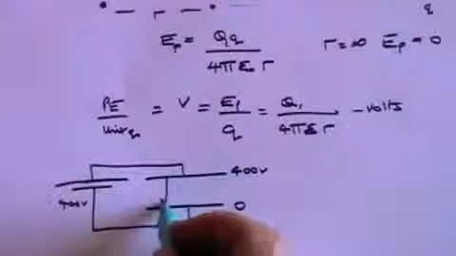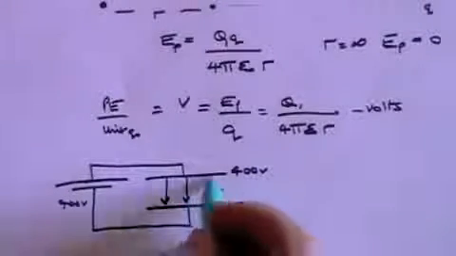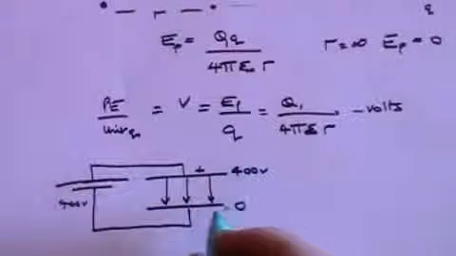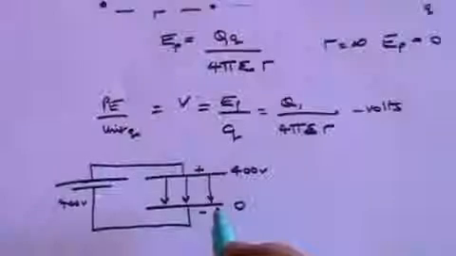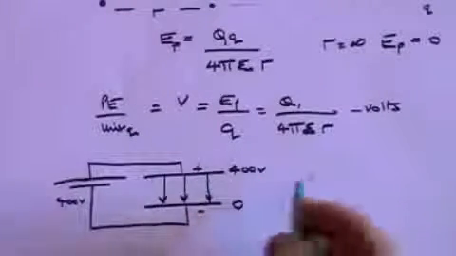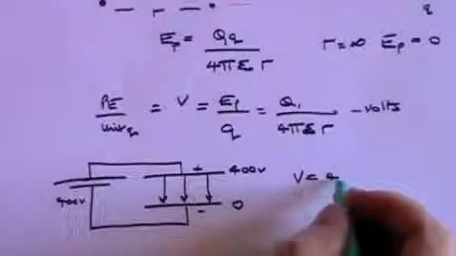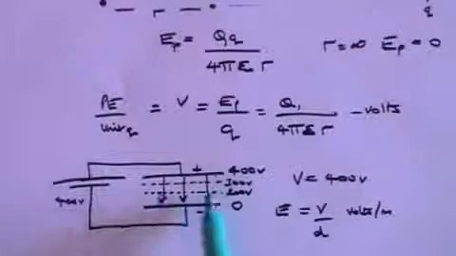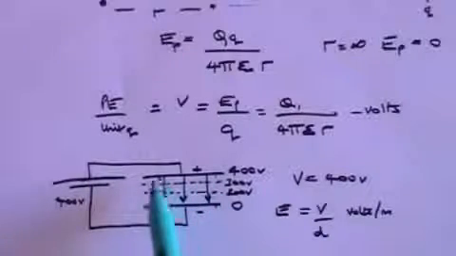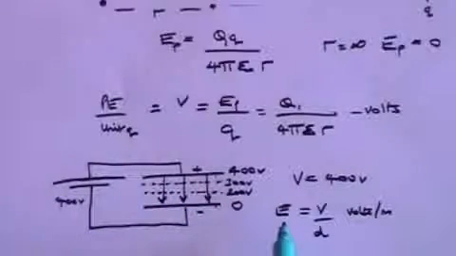And there will therefore be an electric field because this plate is positively charged, this plate is negatively charged. And the voltage between the two plates, V, is 400 volts. The field strength, of course, is the same everywhere between the plates. E does not change.